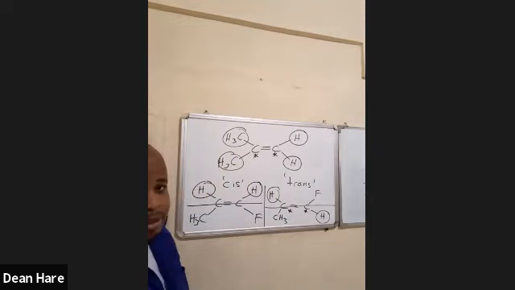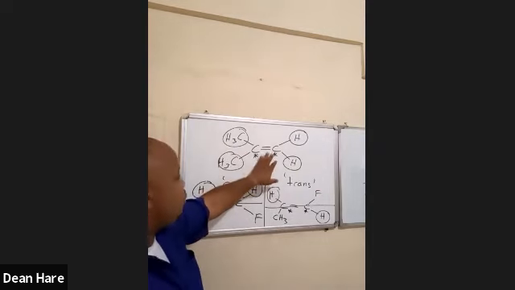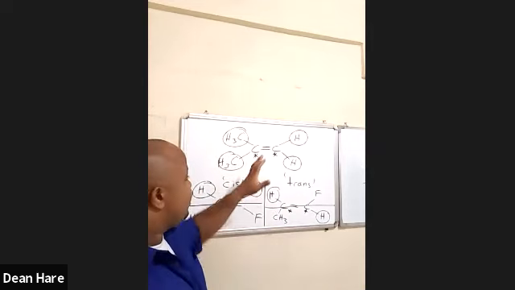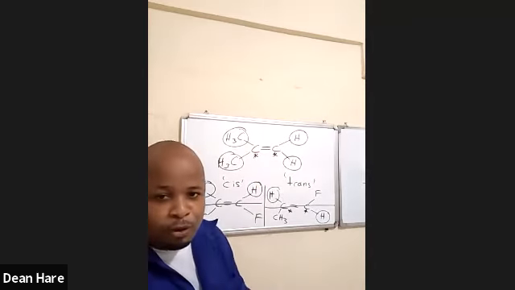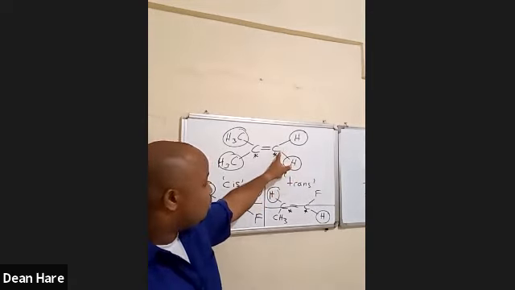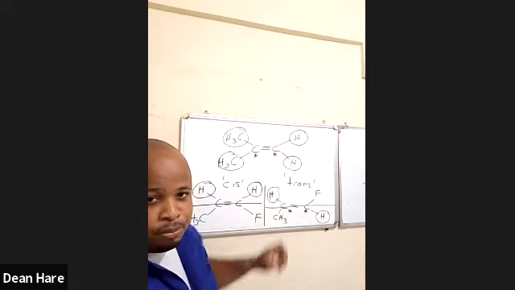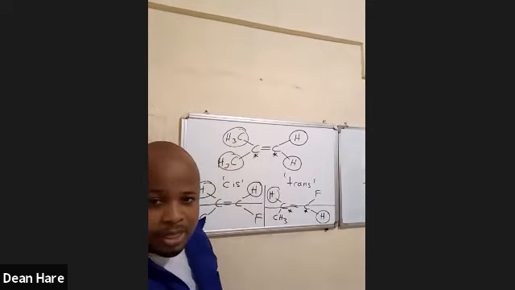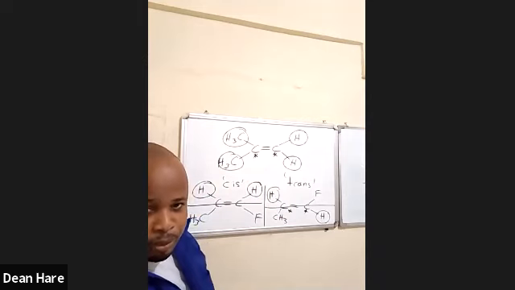All right? So this cannot exhibit cis-trans isomerism because the carbon atoms do not have a group in common. The two hydrogens are attached to the same carbon atom, and the two methyl groups are attached to the same carbon atom. All right?